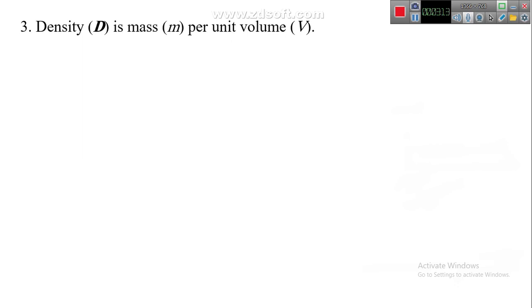Also, we can find the density. Density is mass per unit of volume. Density equals mass divided by volume.